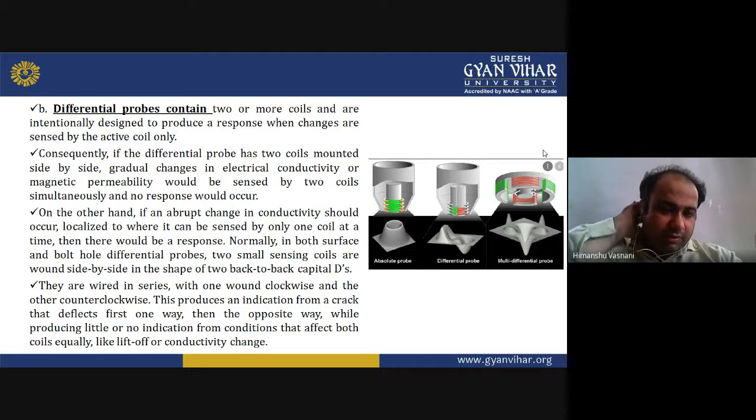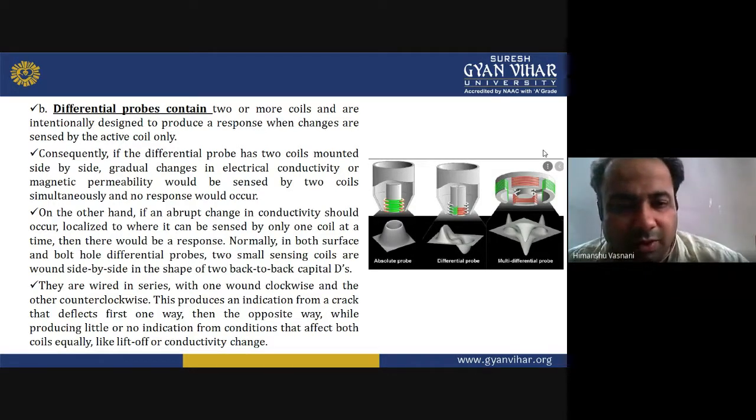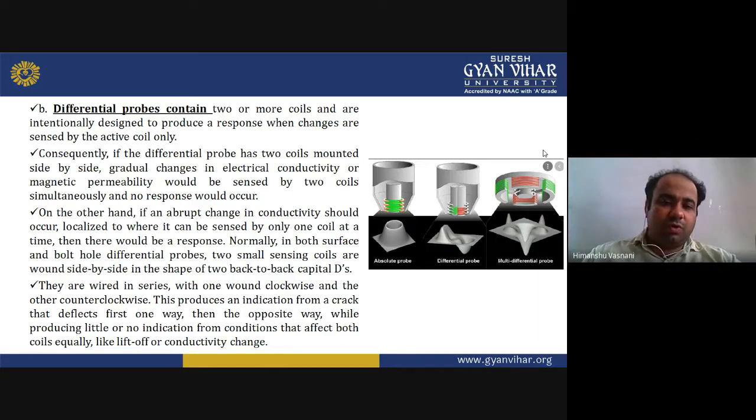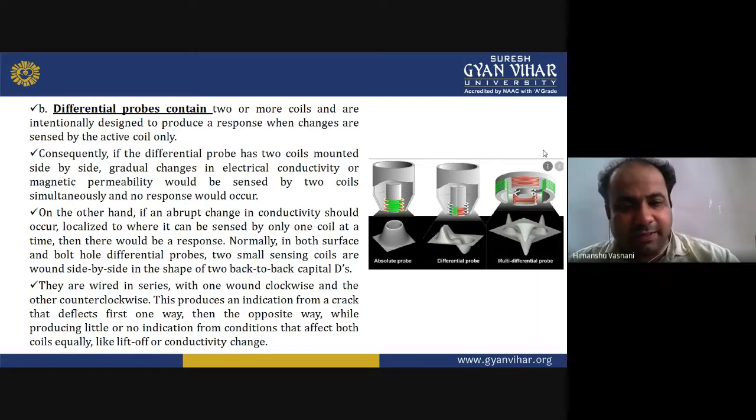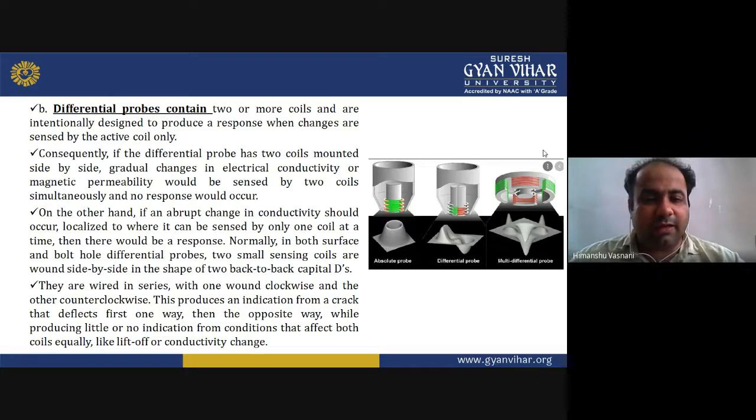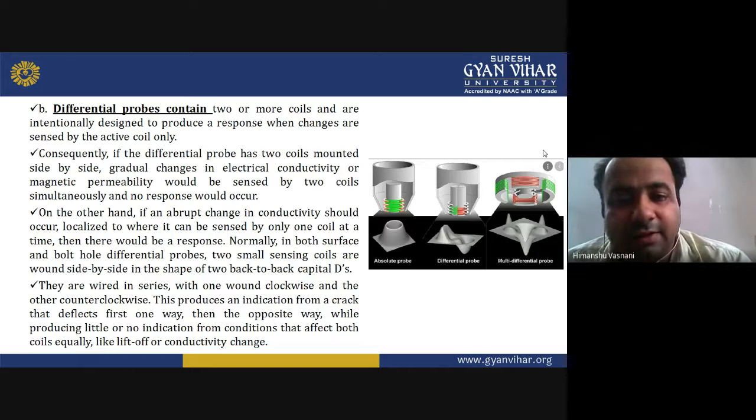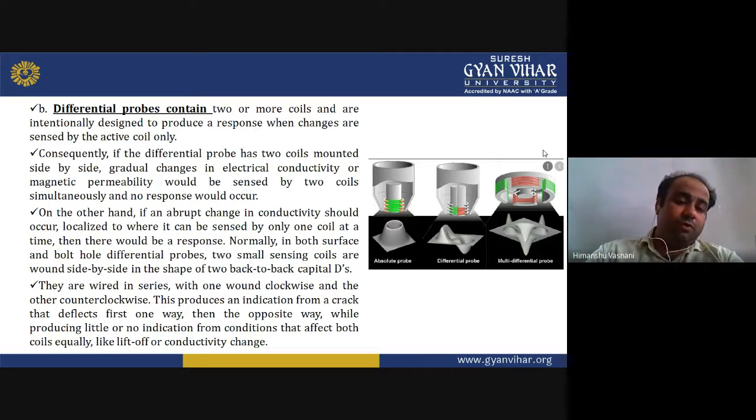Normally in both surface and bolt hole differential probes, two small sensing coils are wound side by side in the shape of two back-to-back capital D's.